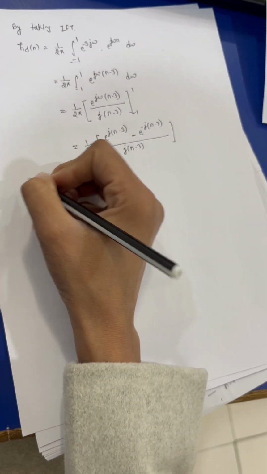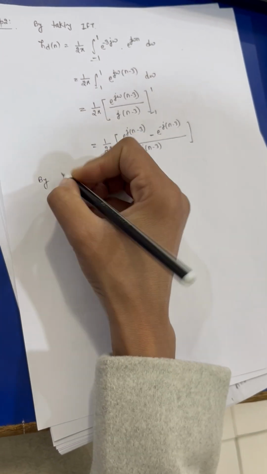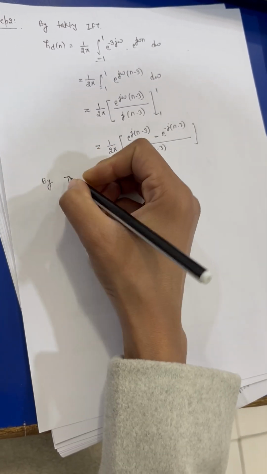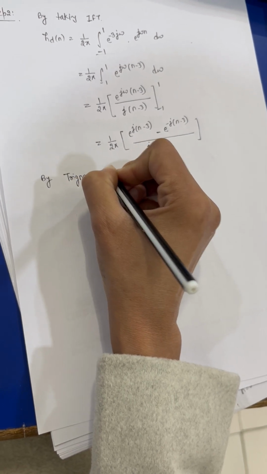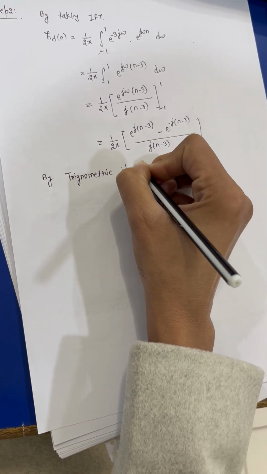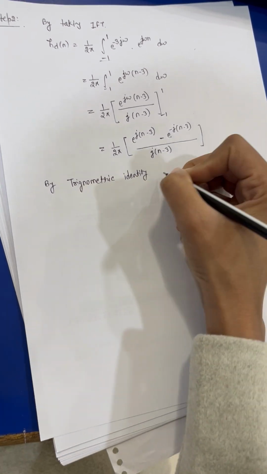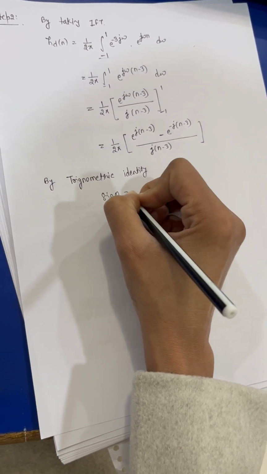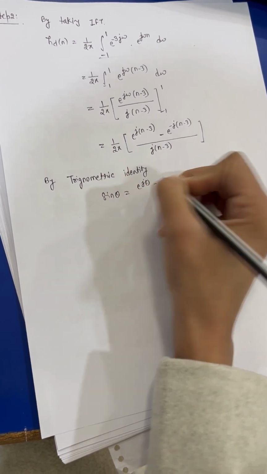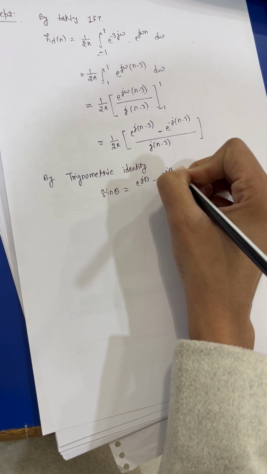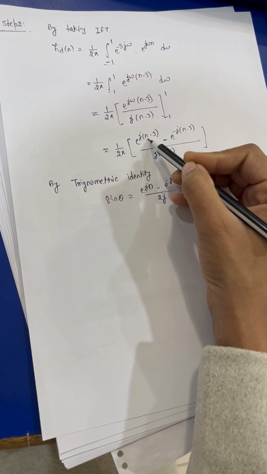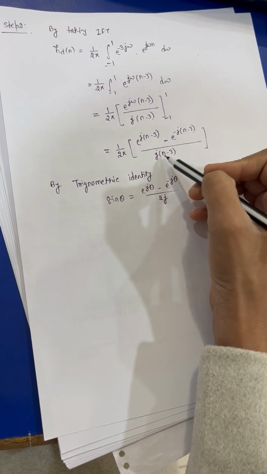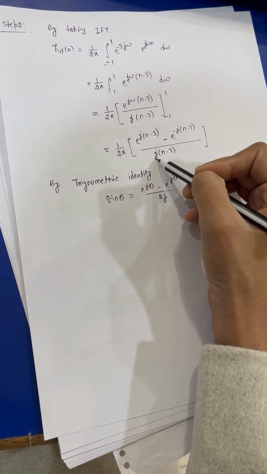What it will say, or it is also known as trigonometric identity. It is defined by sin theta equal to e to the power j theta minus e to the power minus j theta upon 2j. So e to the power j (n minus 3) represents the theta, and 2 will go here.